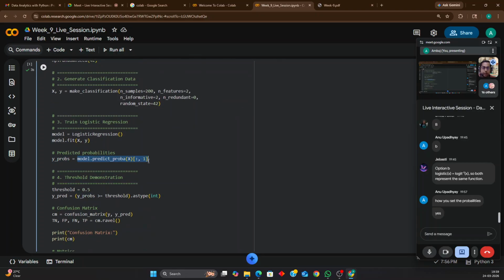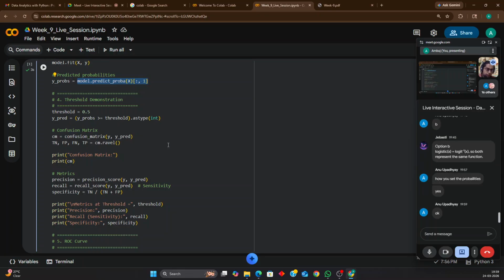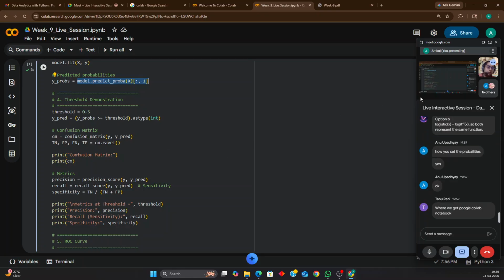It will predict each and every value, and then calculate the probability of whether the model is predicting the exactly correct or incorrect value. So for each and every value, I have calculated the probability. I haven't set the probability. I have fitted the model, and for each predicted value of y and actual value of y, I have calculated it.